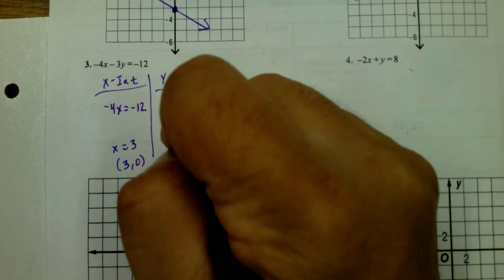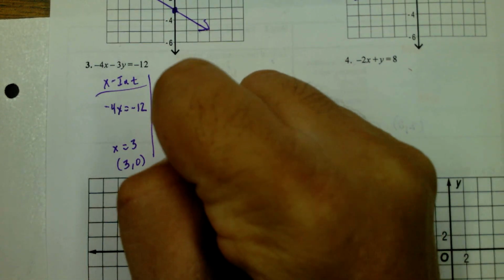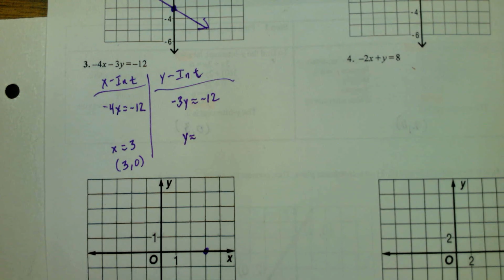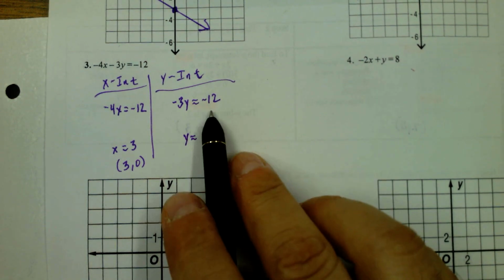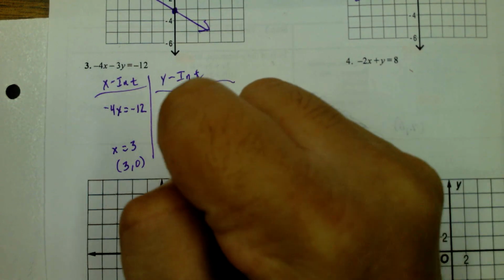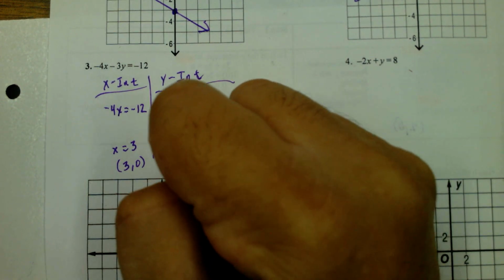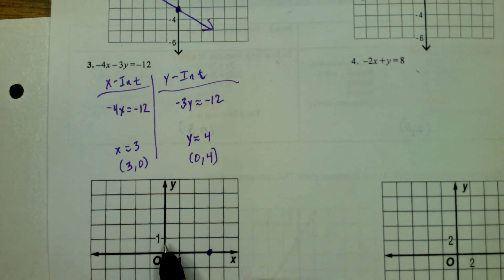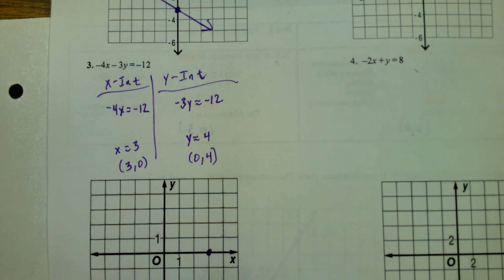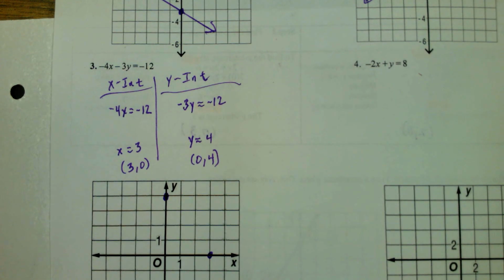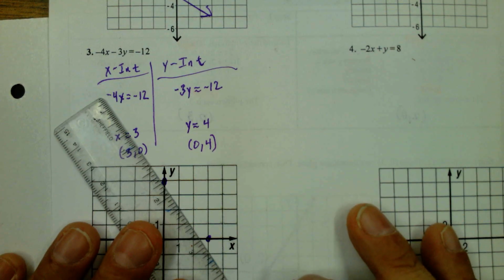We will get what y equals. Negative, oh, positive 4, yeah. We're dividing negative 12 by negative 3. So this time we have 0, 4. So let's find 0, 4. 1, 2, 3, 4, right there. We have 2 points.